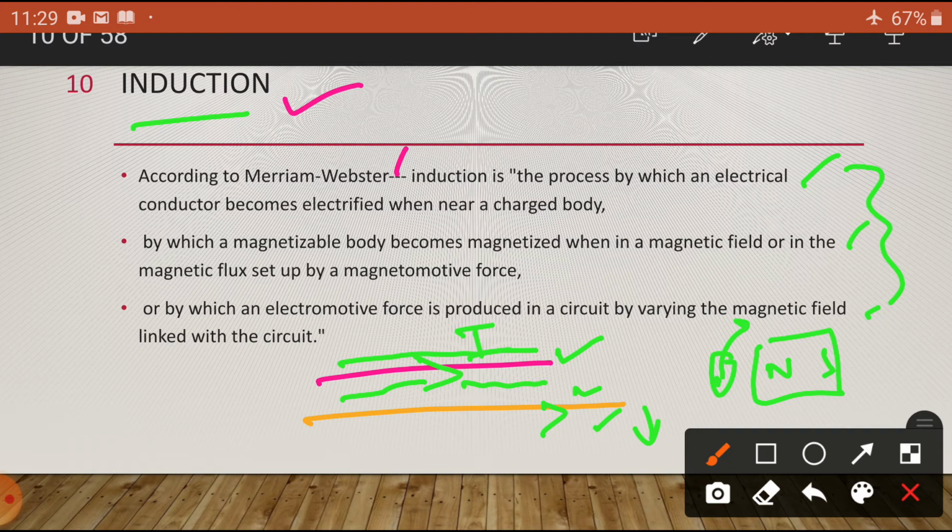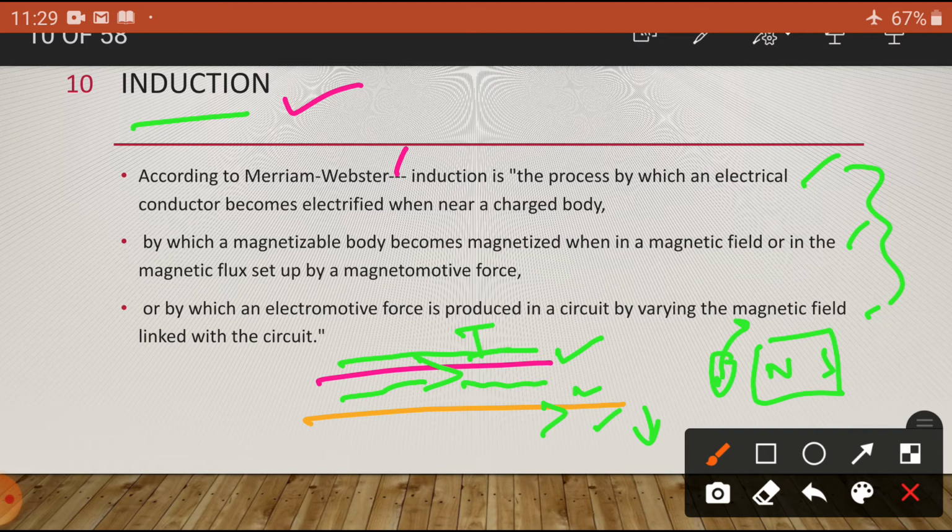Let us take your very interesting topic, the transformer, as an example of how induction takes place from primary to secondary without any physical contact. Similarly, we can analyze this in induction motors.